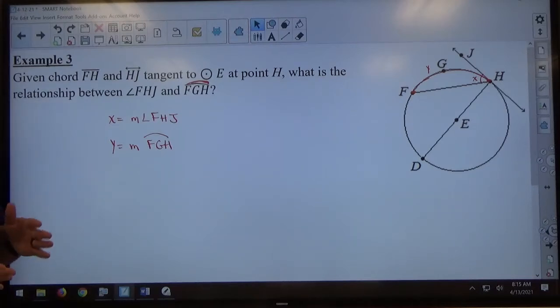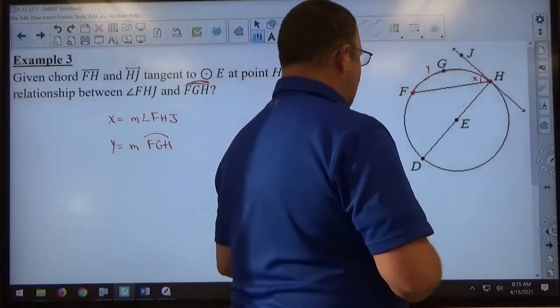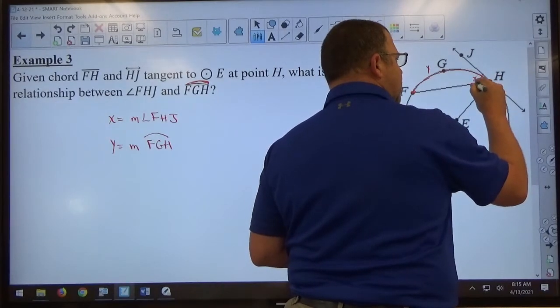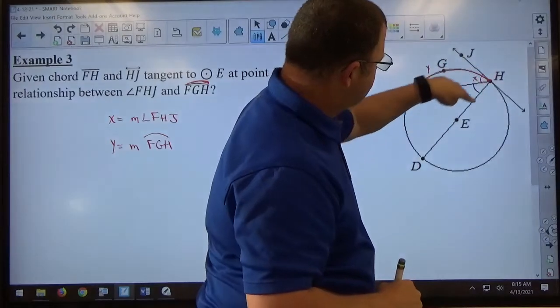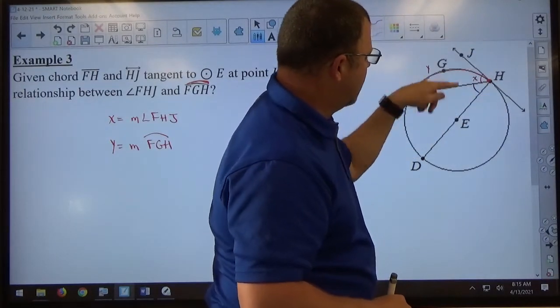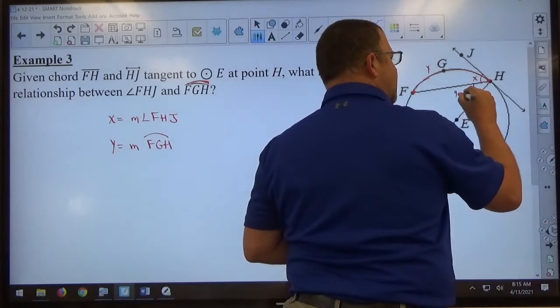A diameter cuts a circle in half. Since we have a right angle where the radius meets the tangent, and this is x, this little angle left over here has got to be 90 minus x.